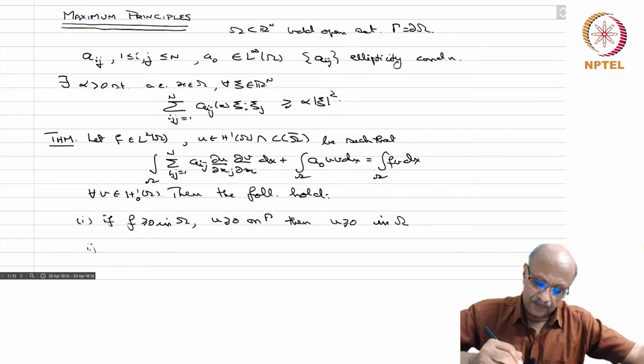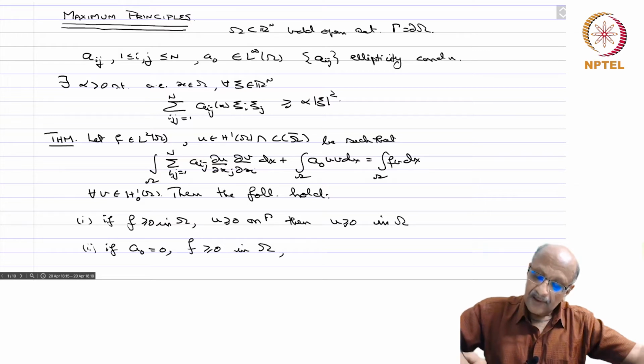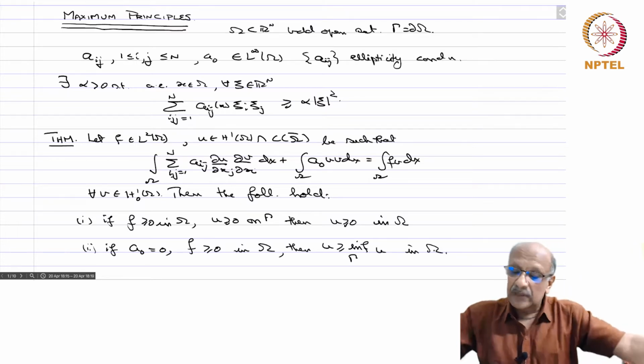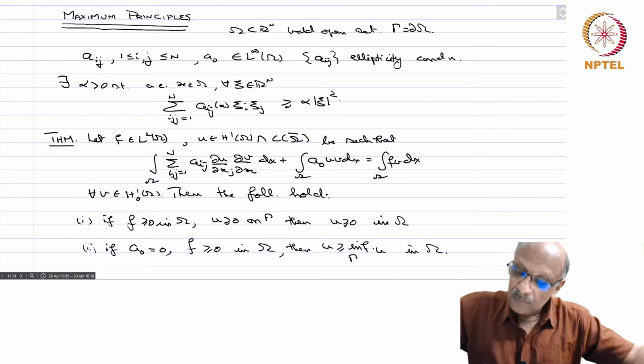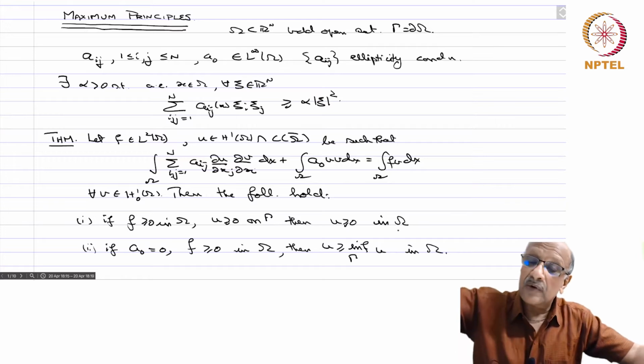Two, if a_0 equals 0 and f is greater than or equal to 0 in omega, then u is greater than or equal to the infimum over gamma of u in omega. That means the minimum of the function is attained on the boundary.